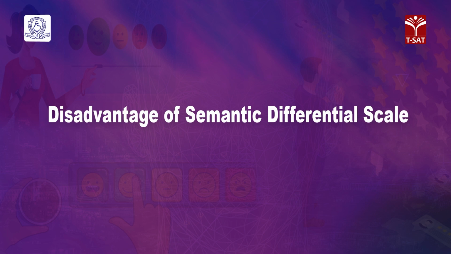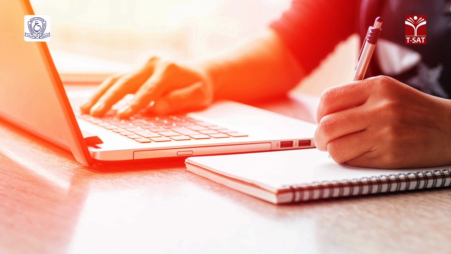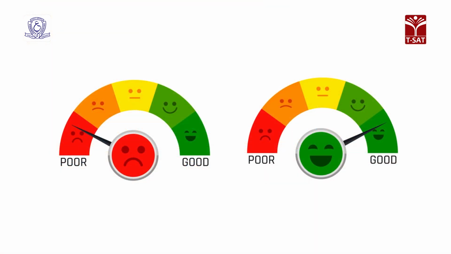However, there will be disadvantages with each scale. So, the disadvantage of semantic differential scale is the evaluation dimension, whether the feelings towards a particular attitude are good or bad. It also has a susceptibility to social desirability bias like the previous scales that we have been talking about, and respondent may be more favorable towards the evaluation in terms of positive.